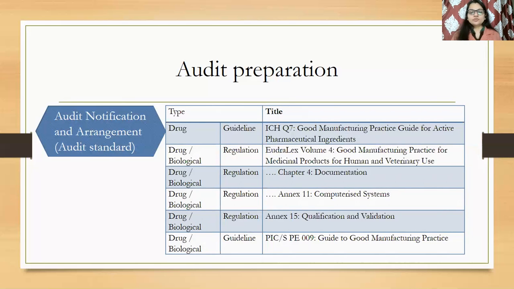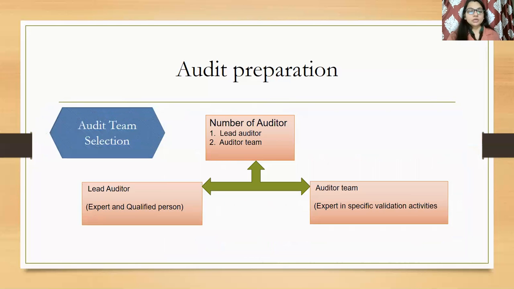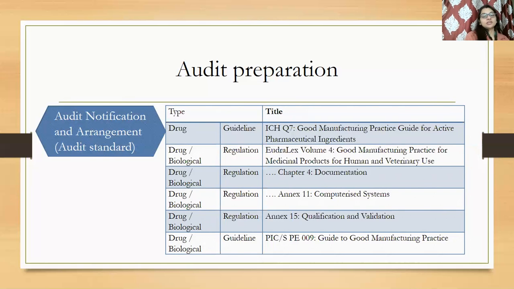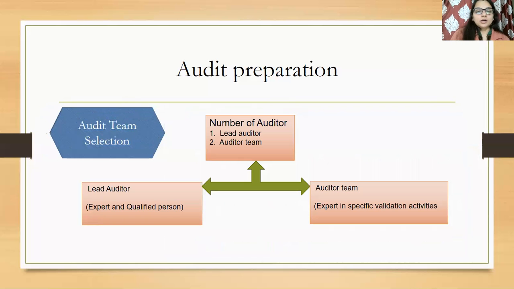I'm talking about the EudraLex, dear. And drug biological regulation, Annex 15 qualification and validation; drug biological guidelines, PIC/S 009 guide to good manufacturing practice. So these are the guidelines or the references we can use to conduct the audit or the assessment of the auditors. So now how can we prepare for the audit?